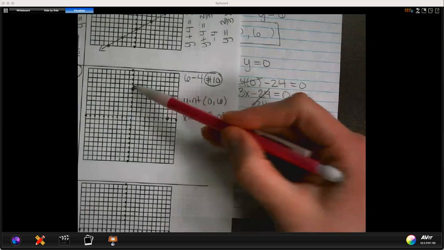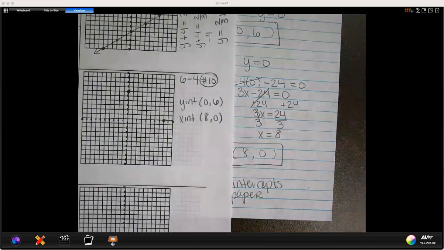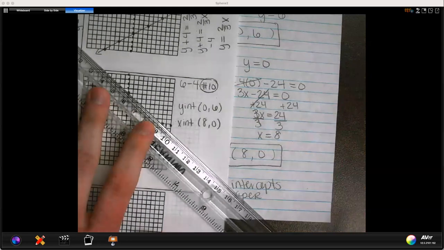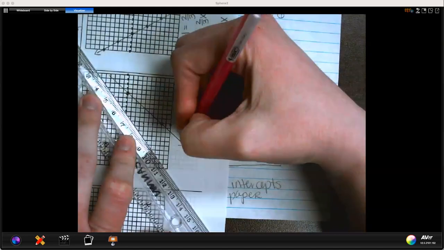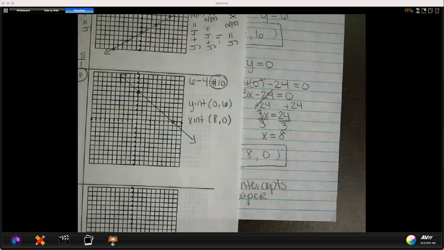So we have those 2 points by themselves. 0, 6 and 8, 0. Okay. And for this type of problem and this type of problem only, you would just connect those 2 points for your final answer. Your answer would be the connection between those 2 points.